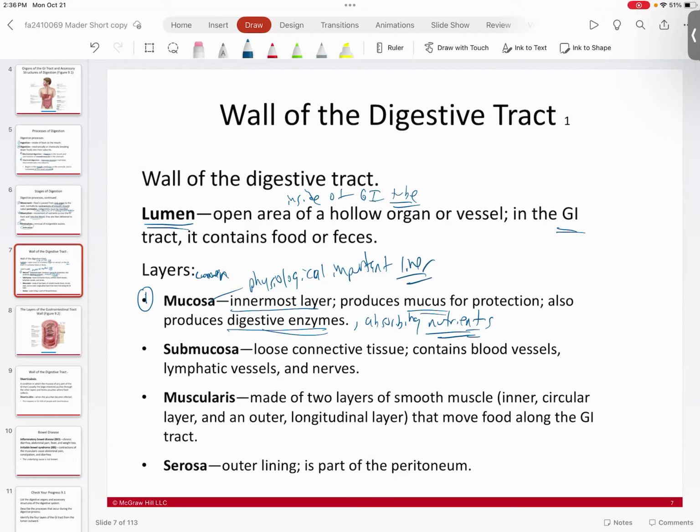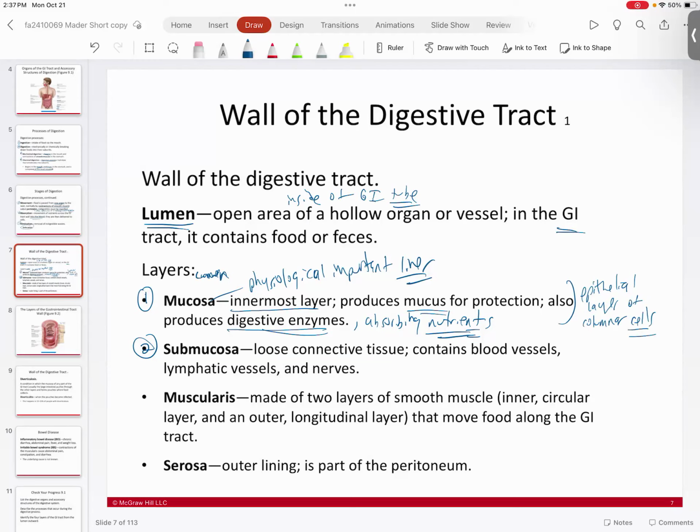You don't want to damage the mucosal lining of your GI tract. Bad things are going to happen if you do that. Typically the mucosa has an epithelial liner, usually of columnar cells.